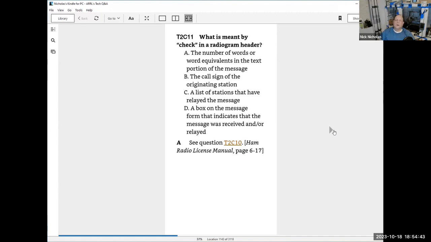If we said happy B-Day, B-Day is not really a word, but it's a word equivalent. If the message was, please contact me for a QSO on Thursday, QSO would be a word equivalent. Okay, things like that.